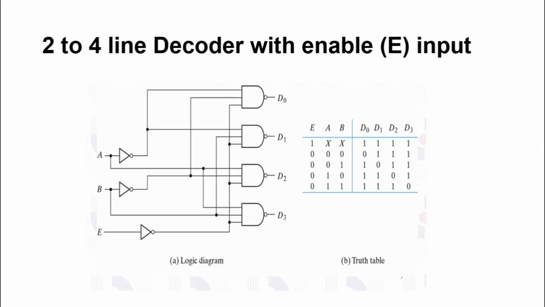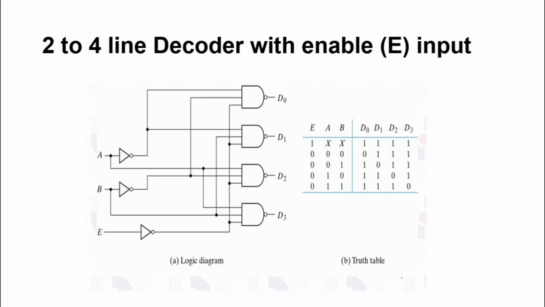That means D0 will be 0, the rest will be 1. Similarly, in case of A=0, B=1, D1 is selected, so except D1, the other outputs D0, D2, D3 will be 1. Similarly, in case of D3, enable input is 0, A and B both are 1. So D3 is selected and D3 will be 0, all other outputs will be 1.